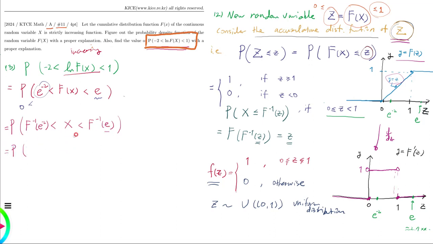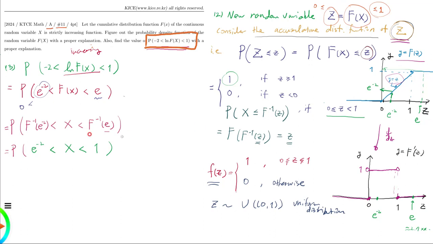so its inverse value will be the same as e to the minus second power, and the inverse value of, actually there's no inverse value, but it has an inverse image as 1 here.